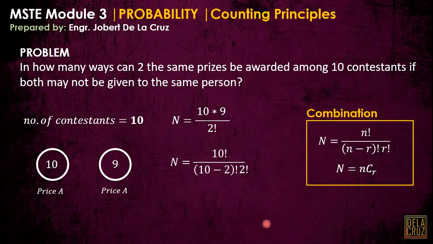So, technique dito, if you see your sample space are identical, that means gagamitin natin yung combination. If you see your sample spaces are unidentical, that means permutation yan. Okay? Okay, look at this. Dapat maintindihan nyo talaga paano i-construct yung sample spaces nyo. Okay?